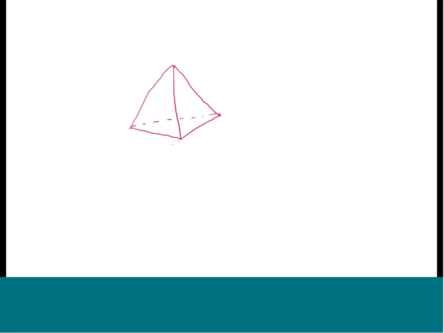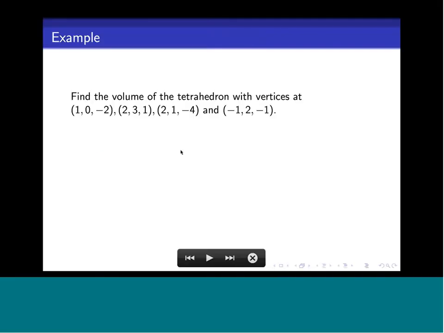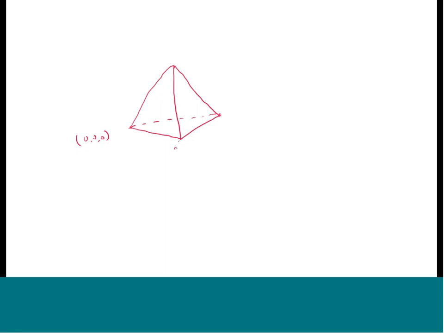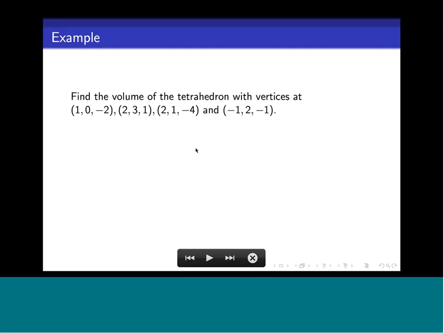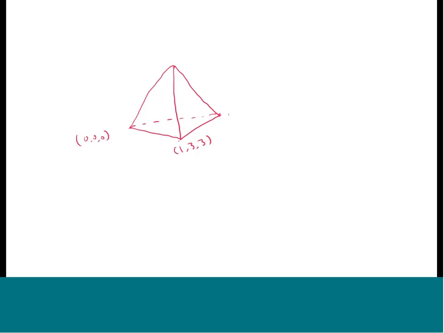Suppose I have four points: 1, 2, 3, 4. So how do you find the tetrahedron formed by those four points? You can do it easily. Just move any point to the origin. Move this point to the origin. Then another point is going to be 1, 3, 3. Another point is going to be 1, 1, minus 2.